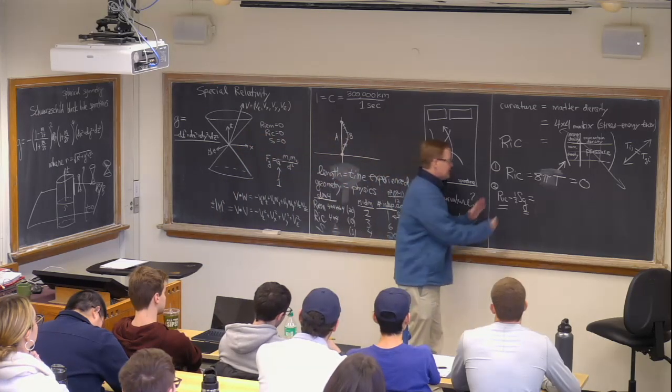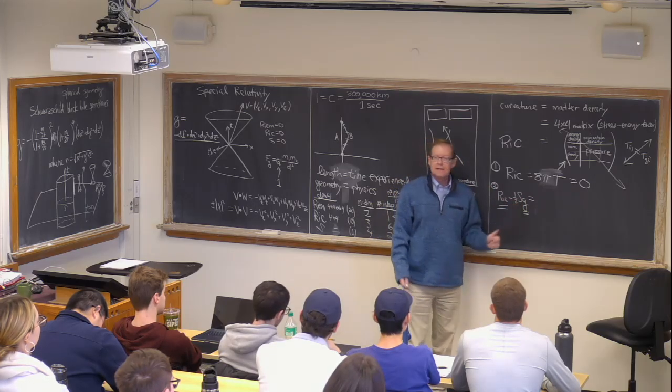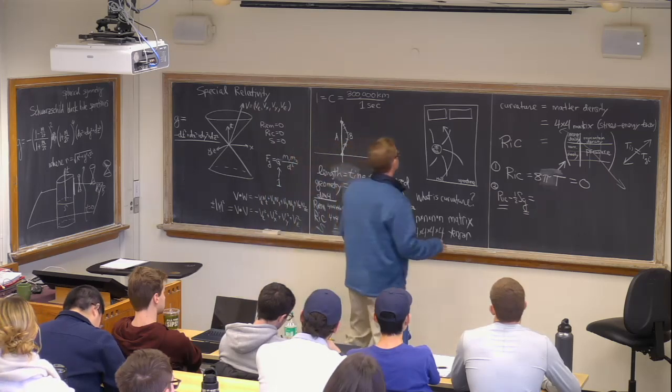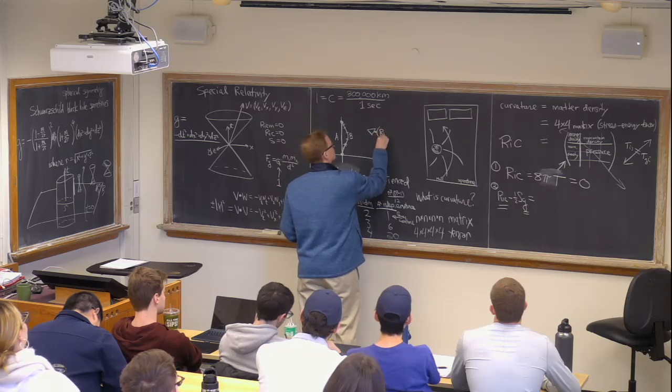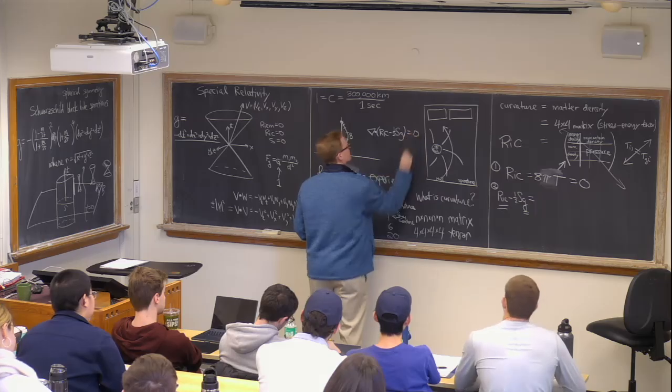And when you look at this in combination, Ricci curvature and the scalar curvature, it has a very nice property. The key property is that the divergence of the Ricci curvature minus 1/2 the scalar curvature times the metric is equal to 0.